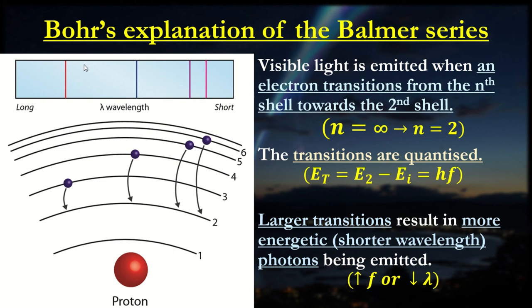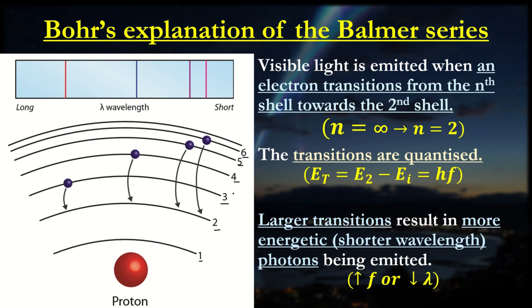So Niels Bohr came up with a really ingenious way to explain the Balmer series, or these emission spectra that we see here. The idea links back with Planck's constant: he came up with the idea that each energy level is quantized. Remember, quantized means it's fixed. So each energy level is a fixed number.